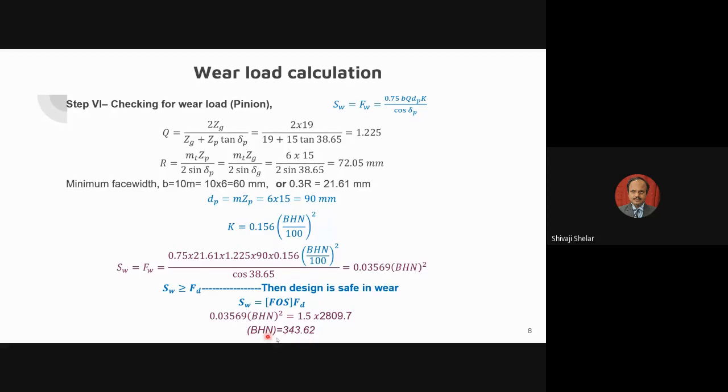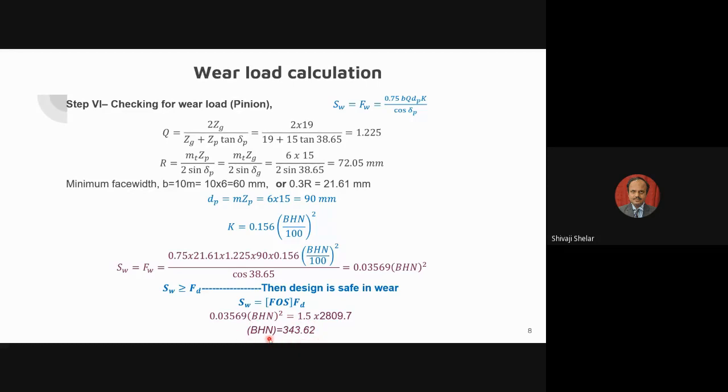So once I do the calculation here, I am getting less than 350, which means all my previous design calculations are correct. Suppose I get this BHN value greater than 350, then you have to go and cross check certain parameters here. So you need to check the beam strength or the module requirement afterwards.